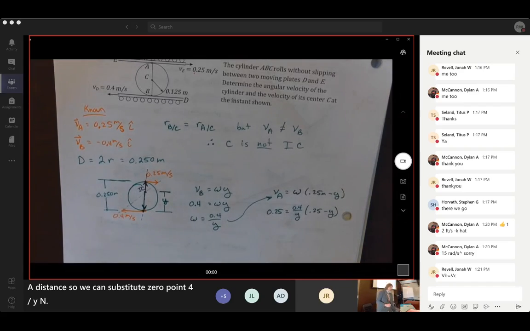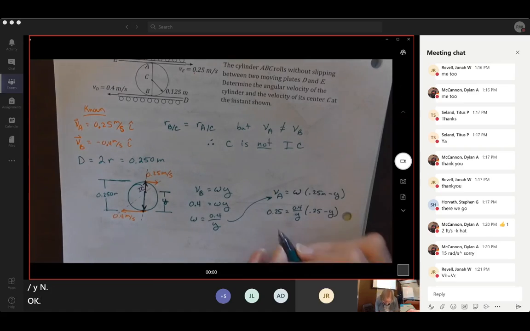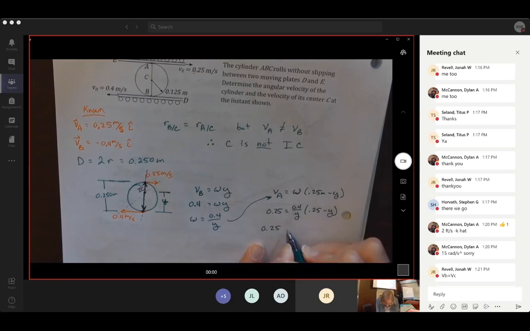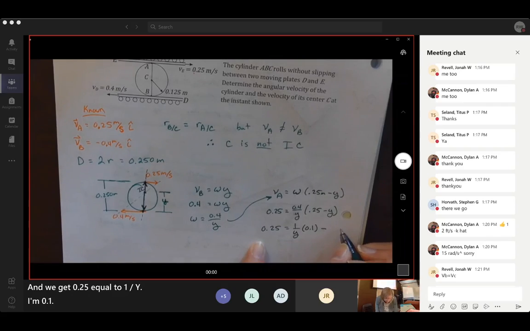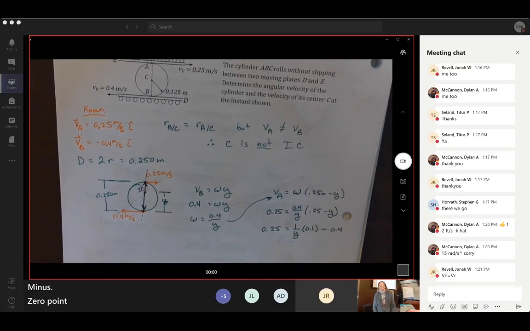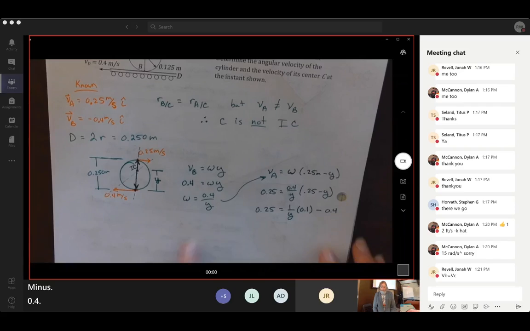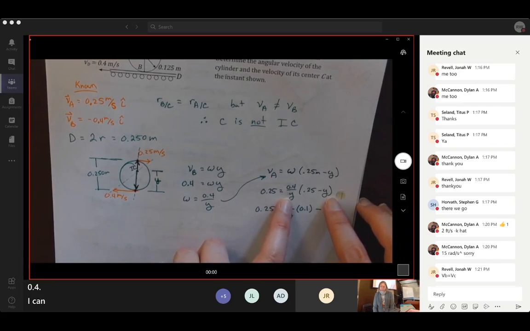And we get 0.25 equal to 1 over y times (0.1 minus 0.4), because here our y's cancel.